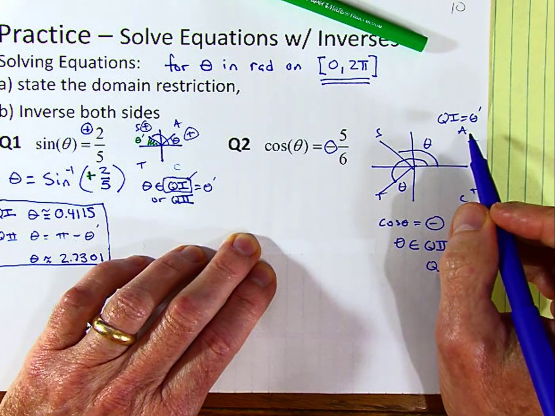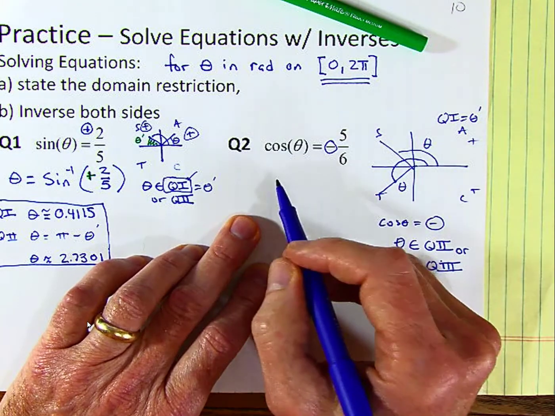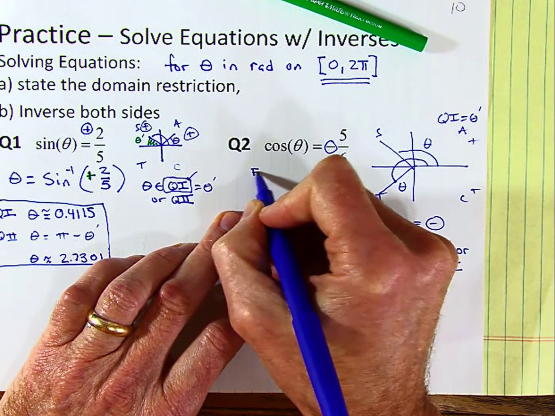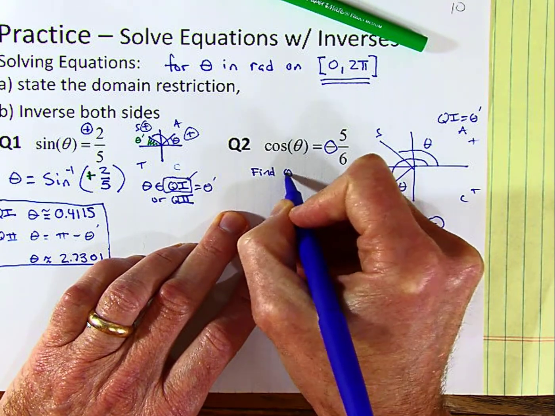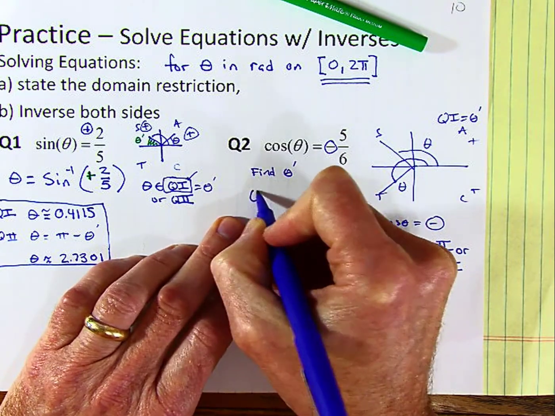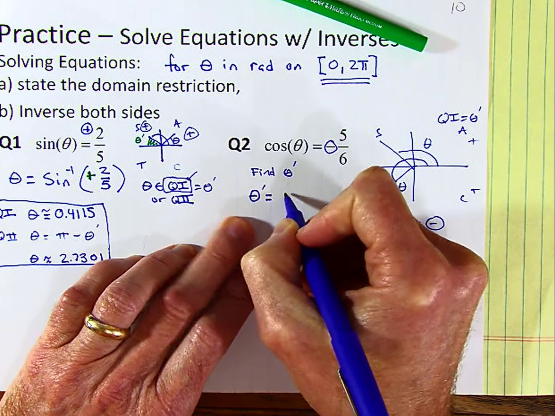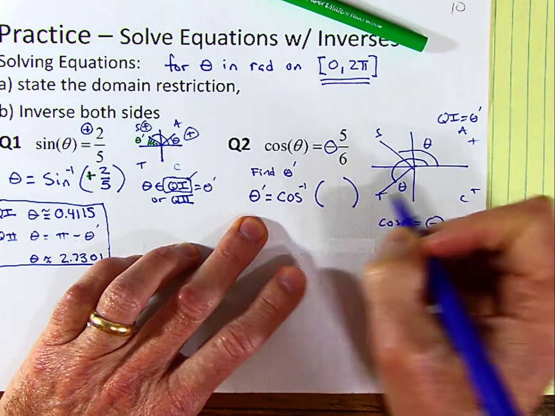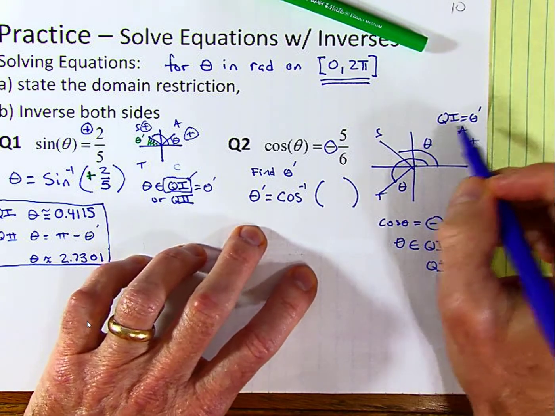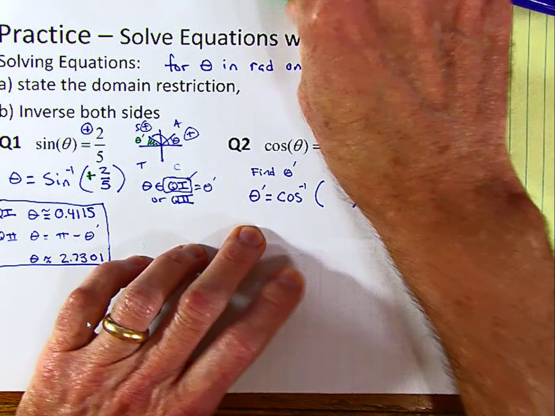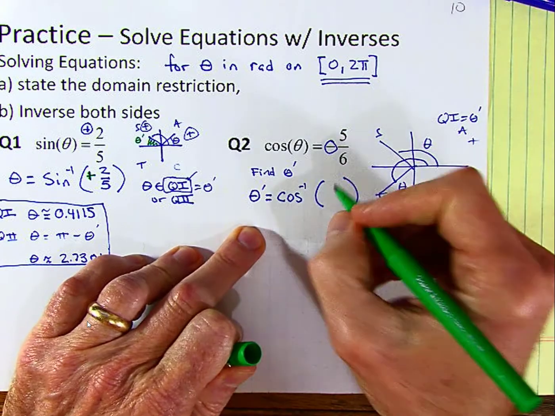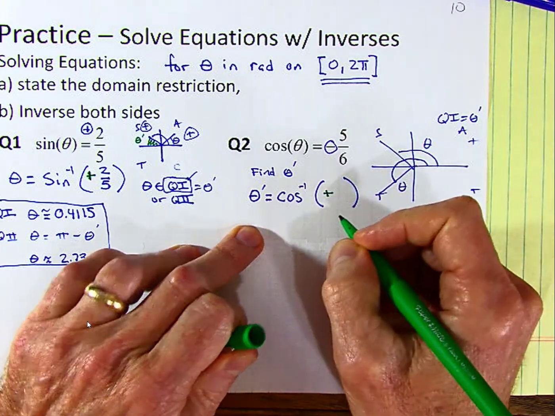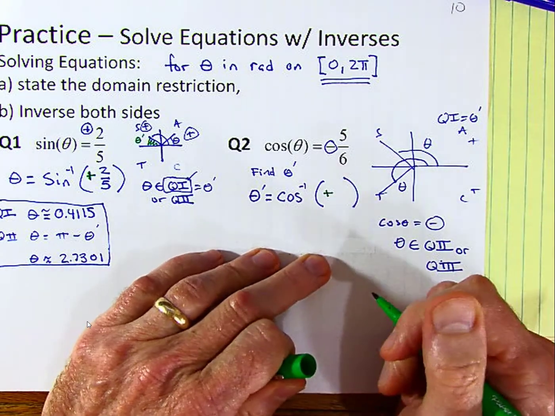Find the reference angle. So we're always going to find the reference angle, and the way you do that is do the inverse cosine, but the reference angle is equal to quadrant 1, so we have to force the ratio to be a positive ratio. So we're tricking the problem here.